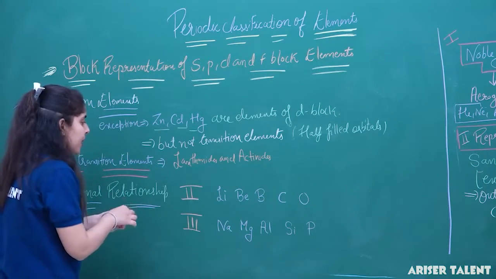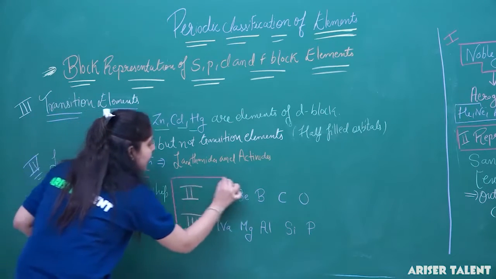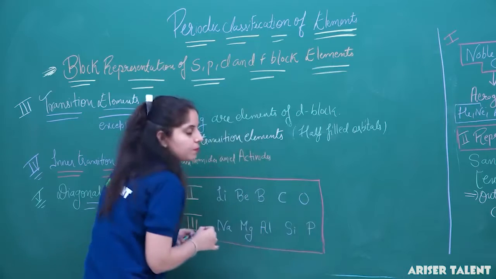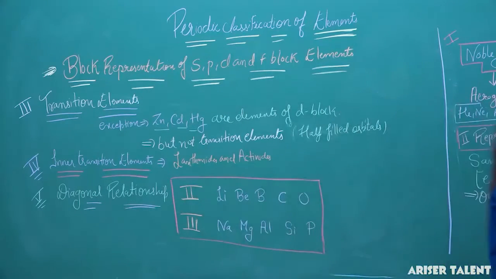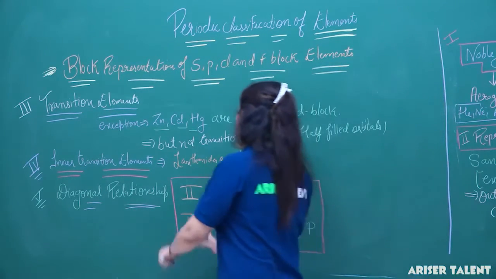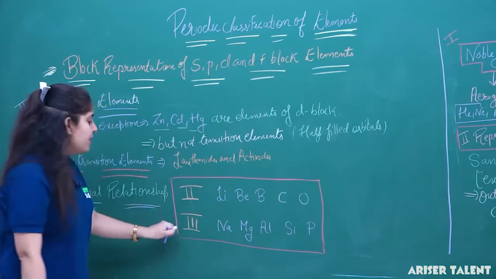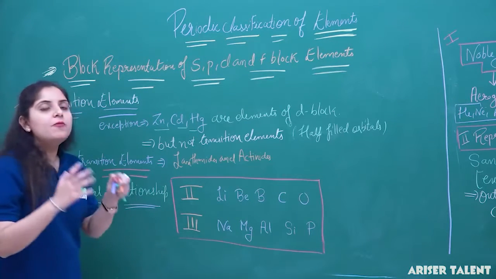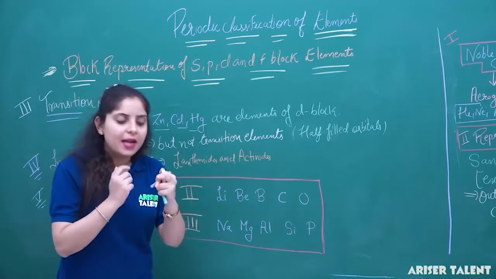Here are a few elements that belong to the second and the third group. In these two groups, some of the elements will show the same properties in a diagonal manner.